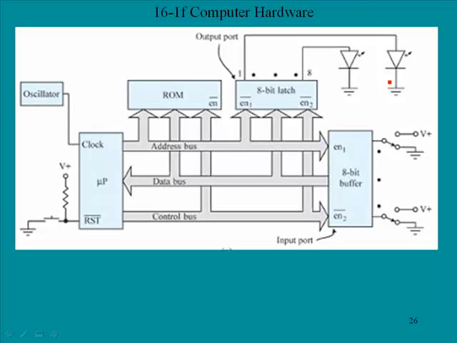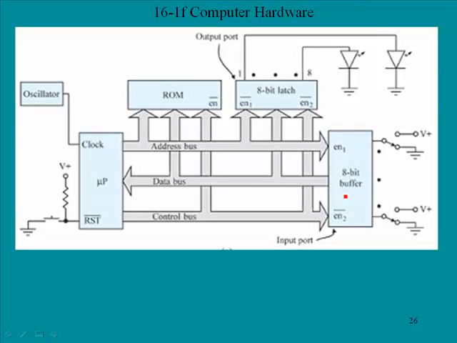The input device is simply an 8-bit buffer. So here we have this 8-bit buffer that's going to serve as our input device, and the thing that will enable this is that we need to have a high on EN1 and a low on EN2.